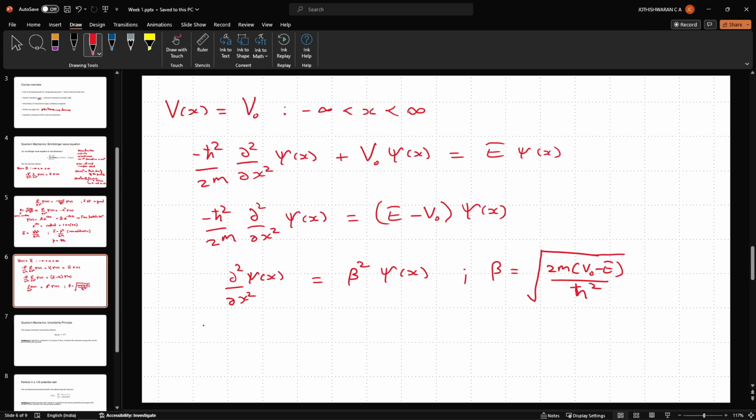So this is beta. So in this case, ψ(x) will have a general solution of the form, I need not use A and B again, I had already used it for the previous case. So I shall call it C e to the power beta x plus D e to the power minus beta x. So this equation where beta has this value.